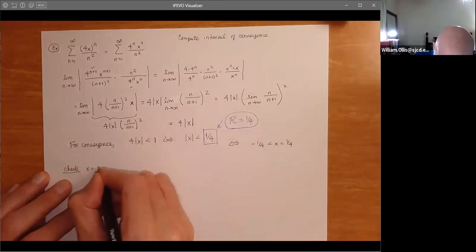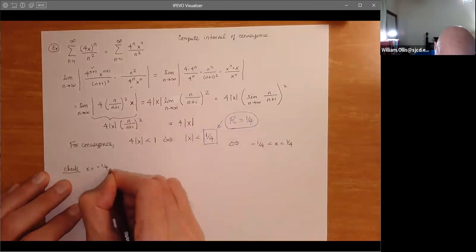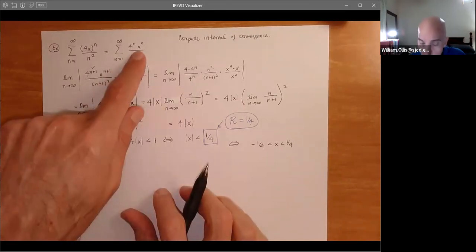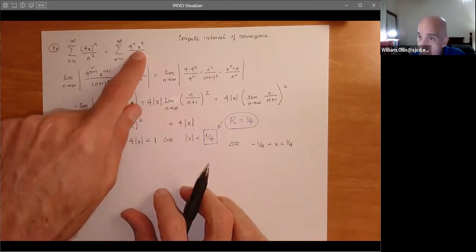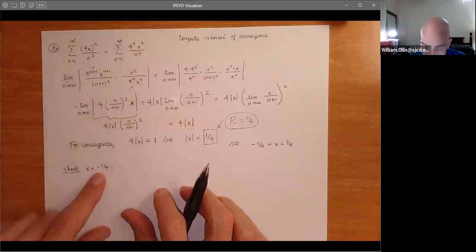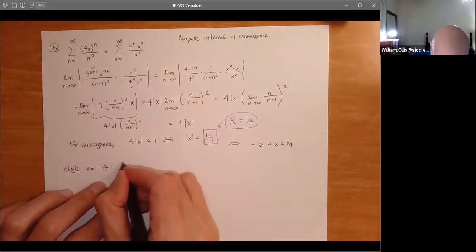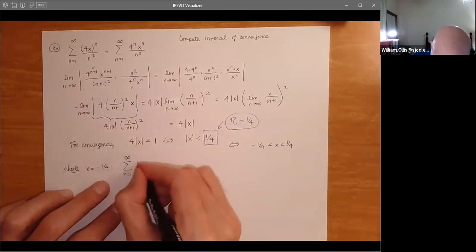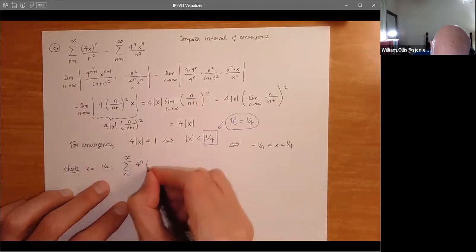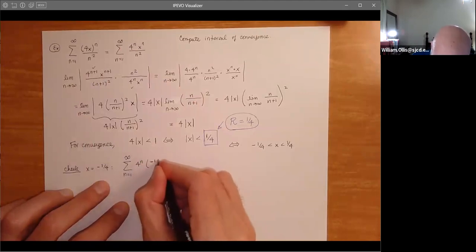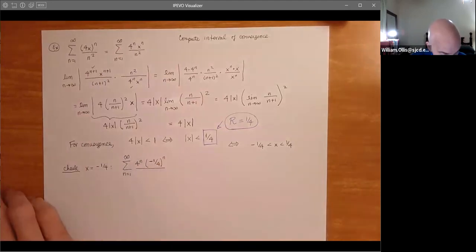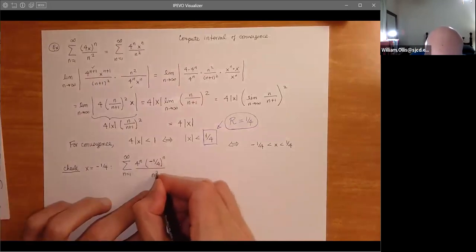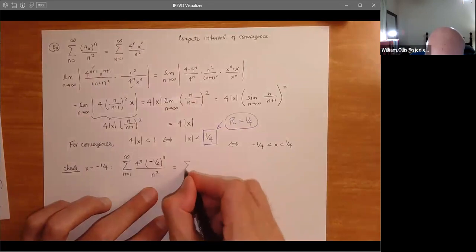x equals negative 1/4. So basically what we do is we just go up to the series and replace x with negative 1/4. So we can do it right here if you like. So this will be n equals 1 to infinity, 4 to the n, and then of course we'll have negative 1/4 to the n divided by n squared. Now let's go ahead and do the algebra here.